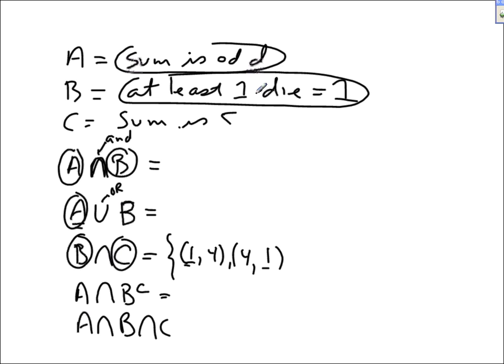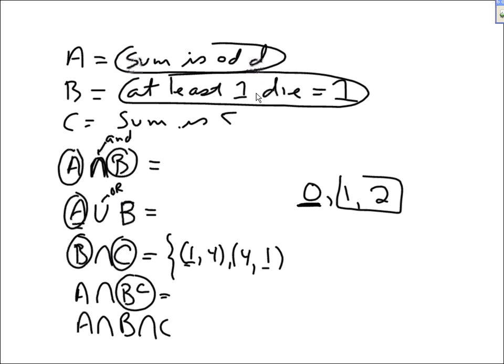Okay. Now, in terms of the number of 1s you can get, when you toss 2 dice, you can get no 1s, you can get exactly one 1, or you can get exactly two 1s. This is at least 1. But they're saying we don't want at least 1.